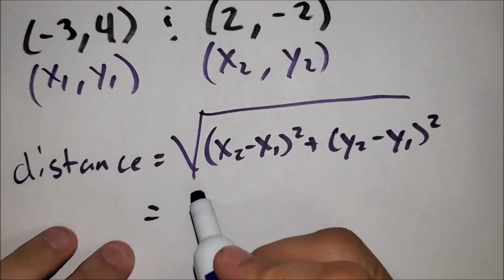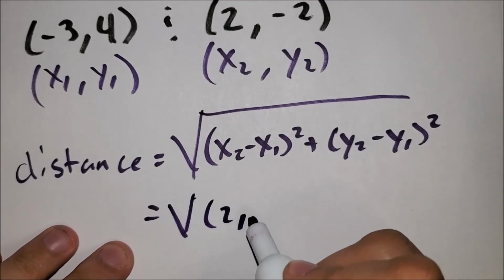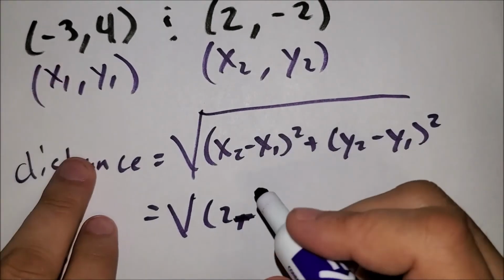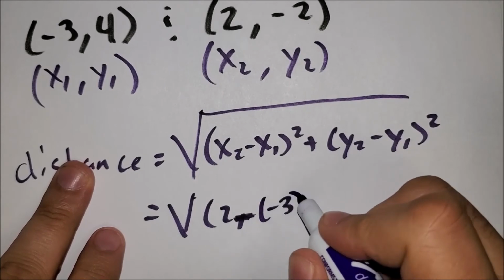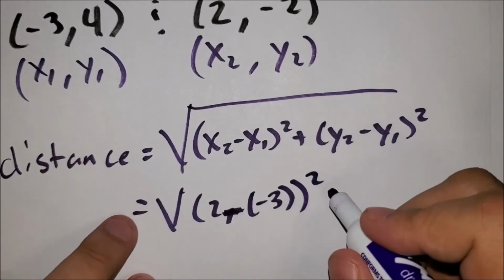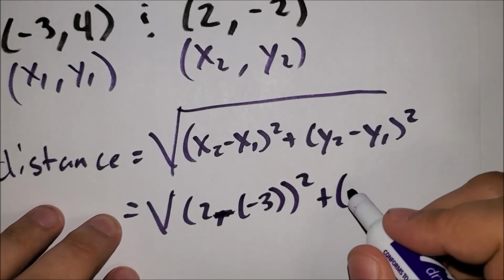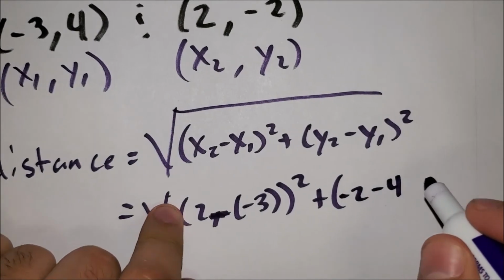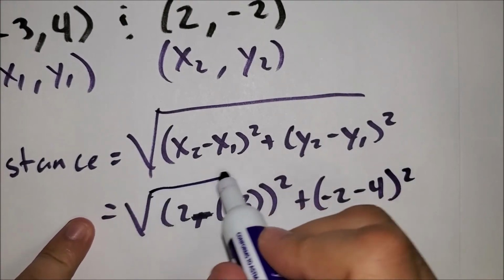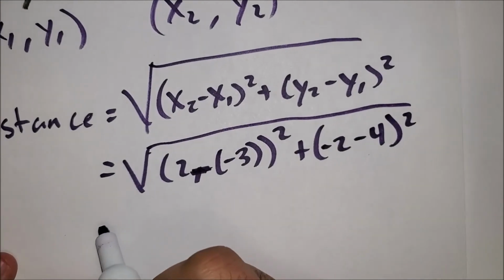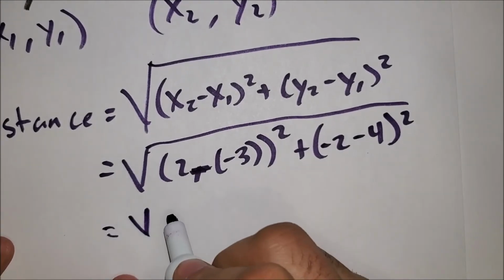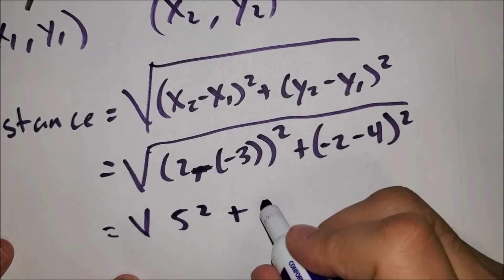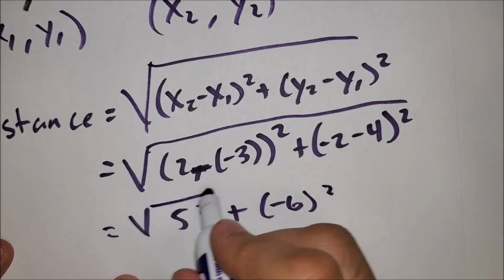x2 is 2, minus x1, which is negative 3. Then y2 is negative 2, y1 is 4. This gives us 5 squared plus negative 6 squared.